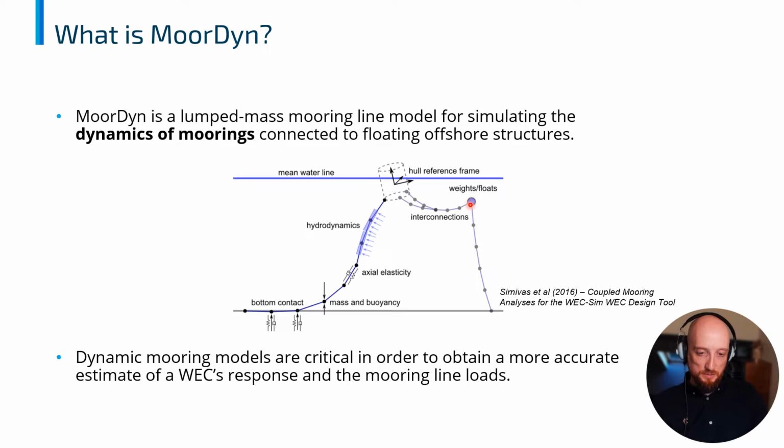You can also include weights and floats along the mooring line to simulate some more complex mooring designs. These kinds of capabilities are really important to get a more accurate estimate of the loads on the mooring line, but also to get a more accurate estimate of the dynamics of the floating structure and how it's going to move with these mooring lines applying forces to it.